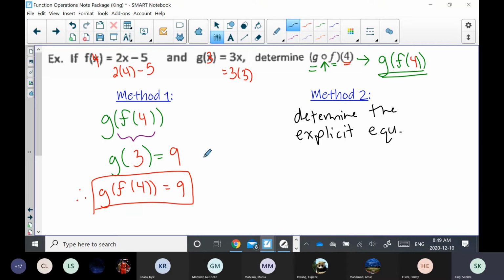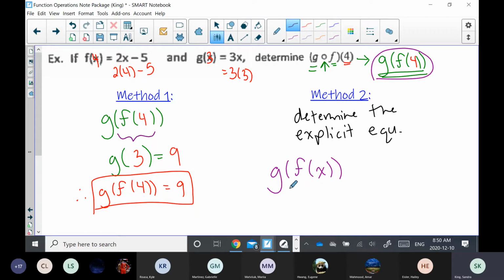You are going to have to, in this lesson, determine the explicit equation. So let's just practice this. So remember, this is what we are evaluating, or we're going to be figuring out. So let's take out this 4, though, and let's just put in an x, because I want to figure out the explicit equation for g of f of x. So this is the first time that we've done an explicit equation question.